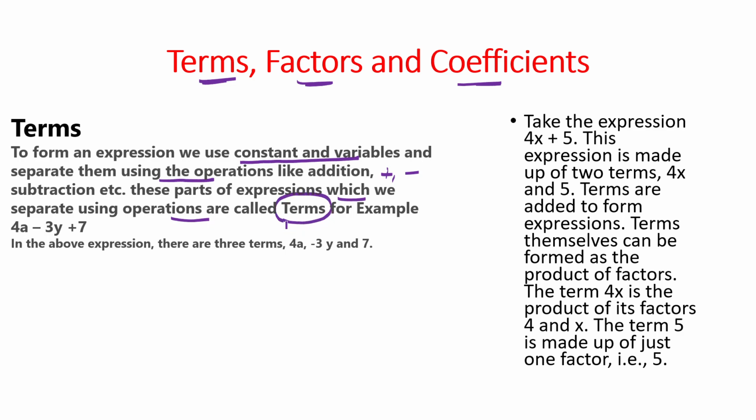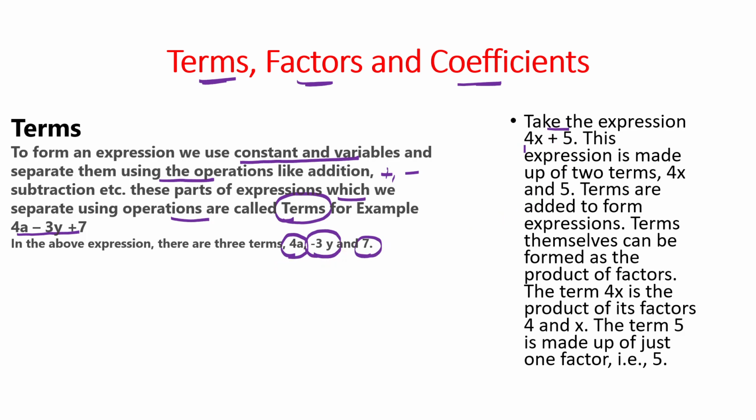Clear? The terms are the separate parts. Consider the example 4a minus 3y plus 7: there are three terms. The first term is 4a, the second term is minus 3y, and the third term is 7. Clear? 4a minus 3y plus 7 is a combination of three terms: 4a, minus 3y and 7.